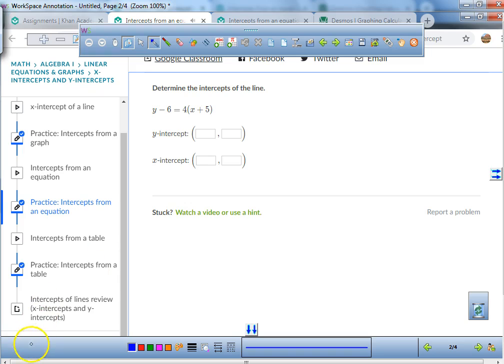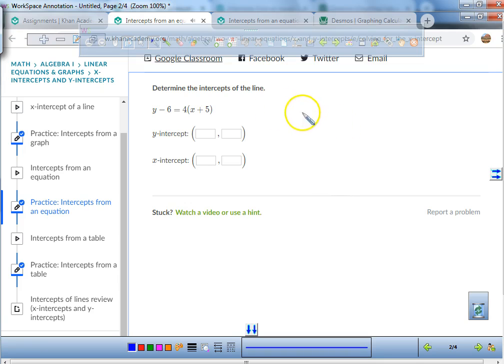Okay? All right, this one I'd like to do a little bit of manipulation. We have to use the distributive property. Okay? So we have y minus 6 equals 4x plus 20. And then I'm going to add 6 to both sides. So I get y equals 4x plus 26.